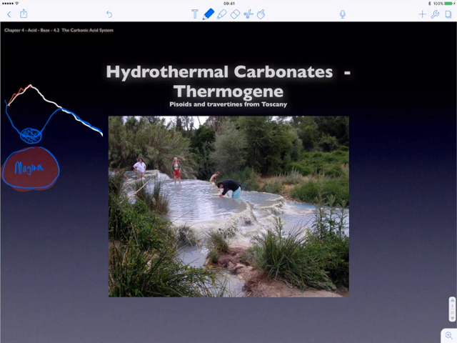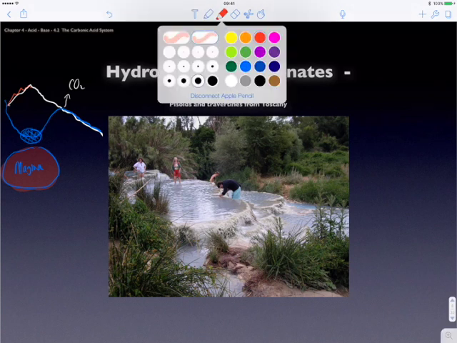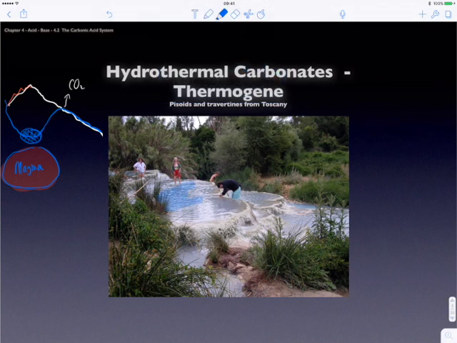And this is the same system here. At this point, you're going to degas CO2, and you're forming pools of water. Here, a beautiful pool of water, and people can actually bathe inside those pools. This is warm water. This is a hydrothermal system.